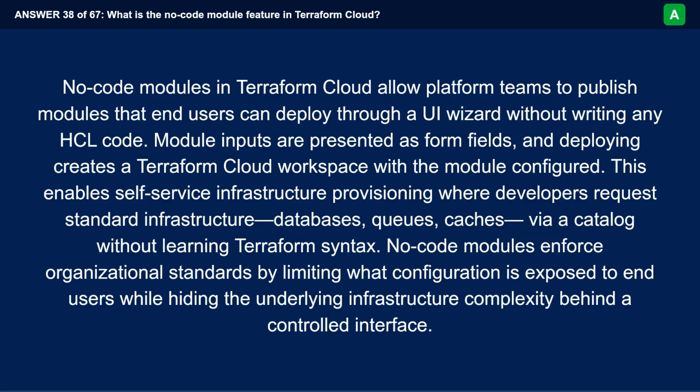This enables self-service infrastructure provisioning where developers request standard infrastructure, databases, queues, caches, via a catalog, without learning Terraform syntax. No-code modules enforce organizational standards by limiting what configuration is exposed to end users while hiding the underlying infrastructure complexity behind a controlled interface.